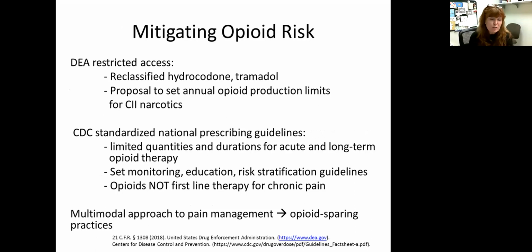The DEA started to restrict access to medications, reclassifying hydrocodone to C2, and added tramadol as a controlled substance, which is very helpful because that now puts that medication on the prescription monitoring program. So we all now can get a better idea of what controlled substances patients are using, and therefore be safer in our prescribing habits.